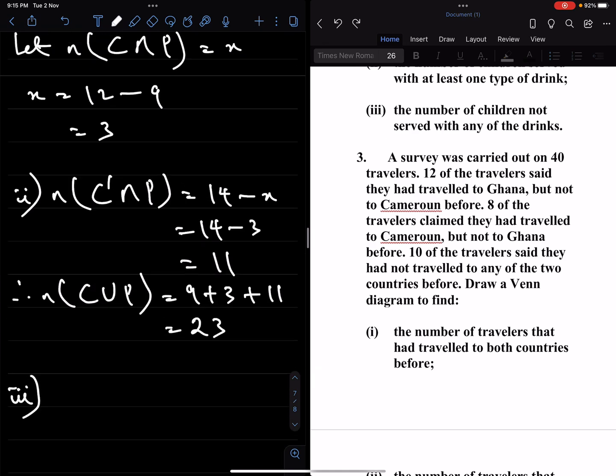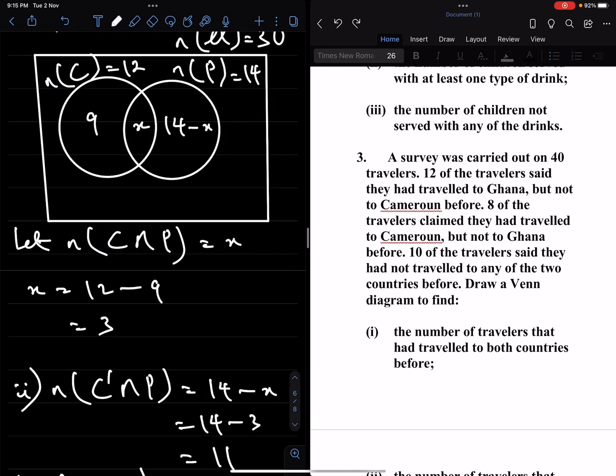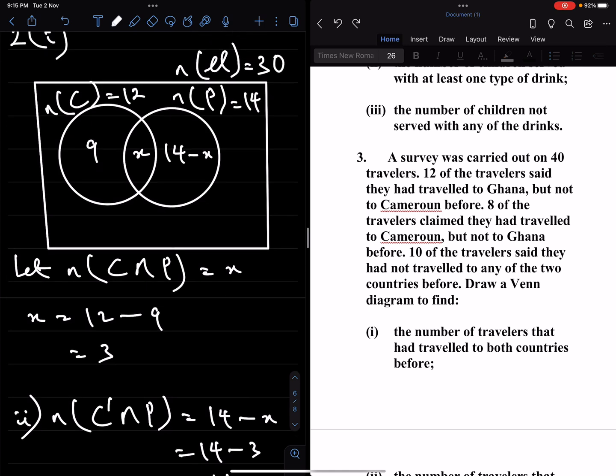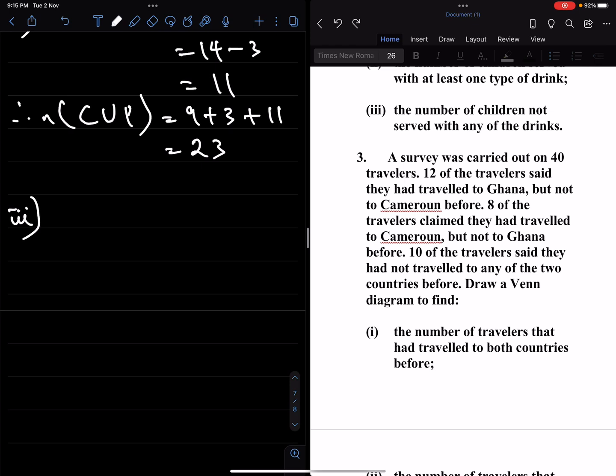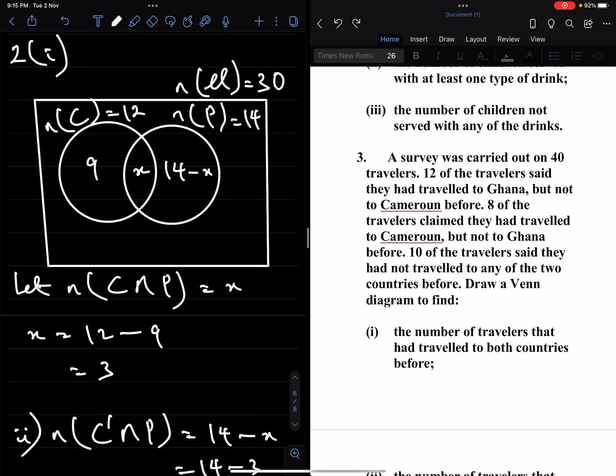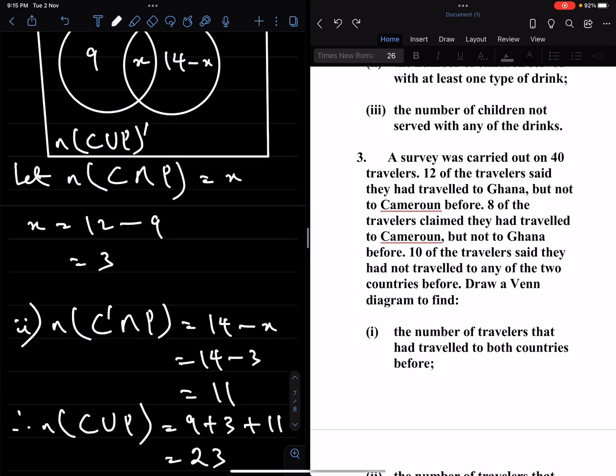Now 23 children were served with either only Coke, or Coke and Pepsi, or only Pepsi. So the number of children served with none of the two drinks, that set is C union P all complement, or if you like you can write it as n of C complement intersection P complement. I'm choosing this one to show that it is not in the two of them put together.